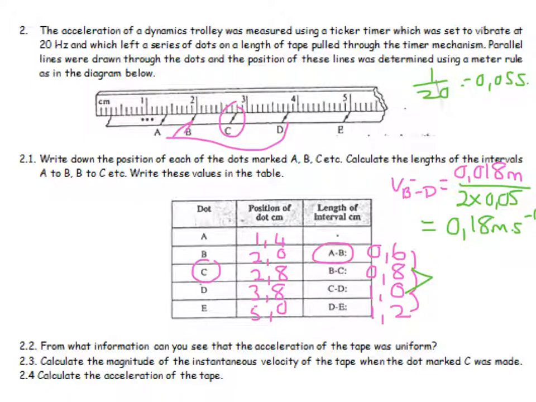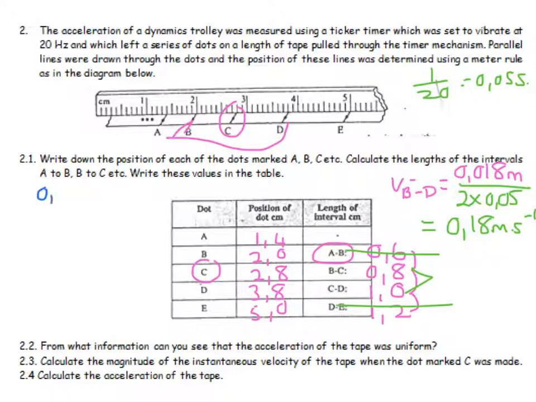I'm going to need another piece of information, and I decided to work out first the velocity at a.5 and then work it out at d.5. So I went for a.5 and I went for d.5 and worked out the acceleration at both points, at least the velocity at both points.